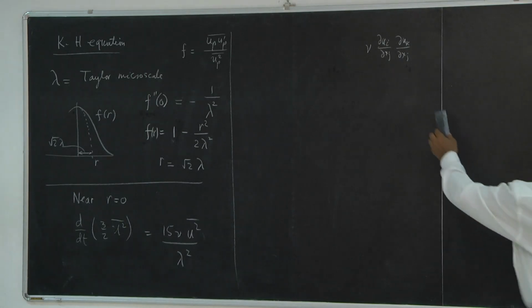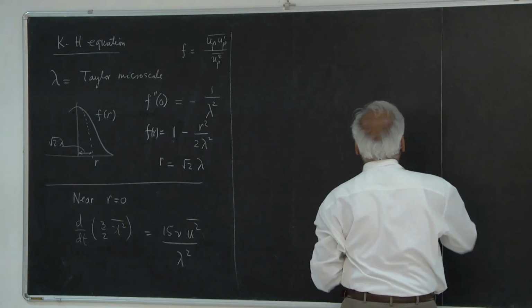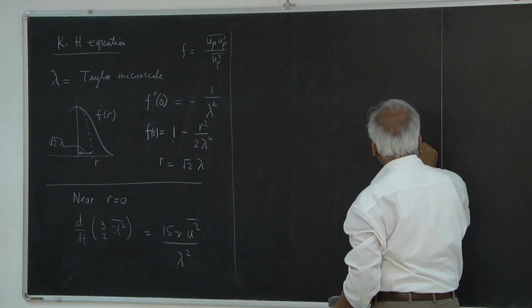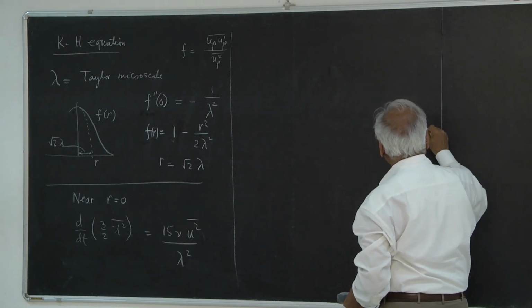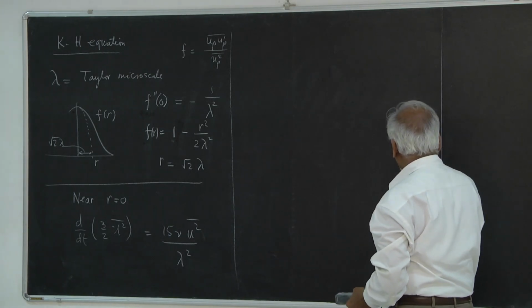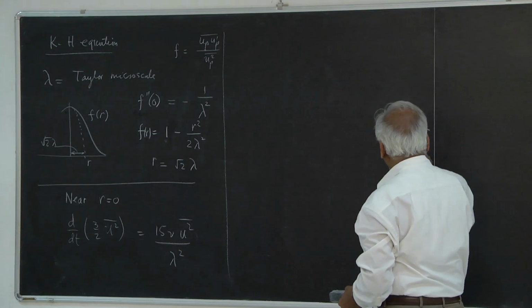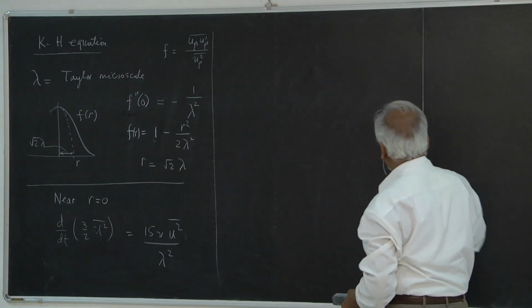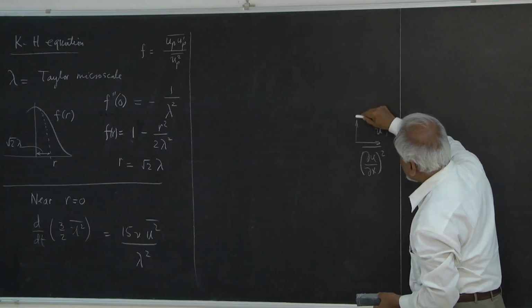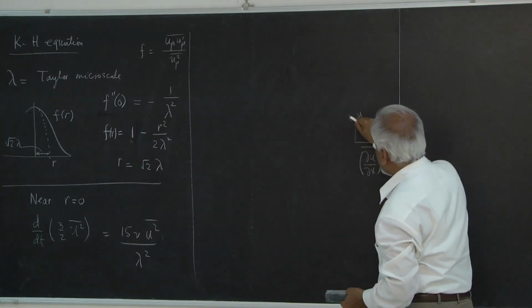The isotropic relations usually mean that, let's say, I have u in the direction x, then you take the derivative du dx and square it. It is the same thing as taking v in the direction y, for instance, right?